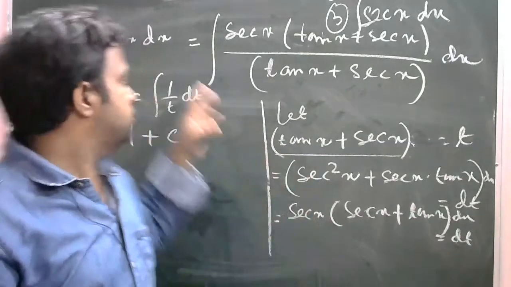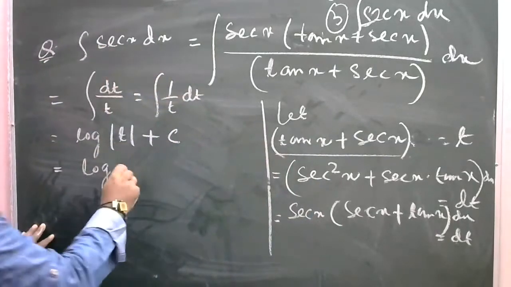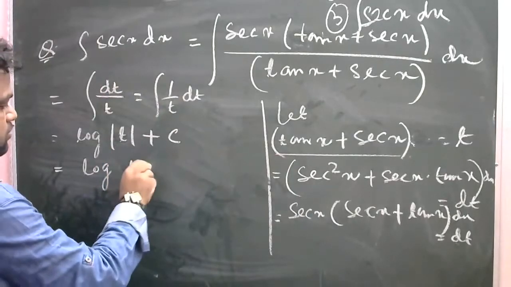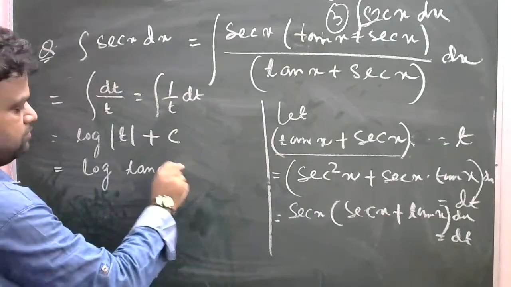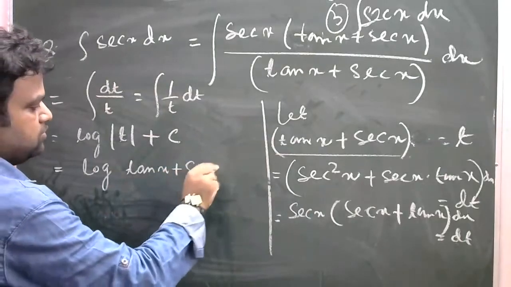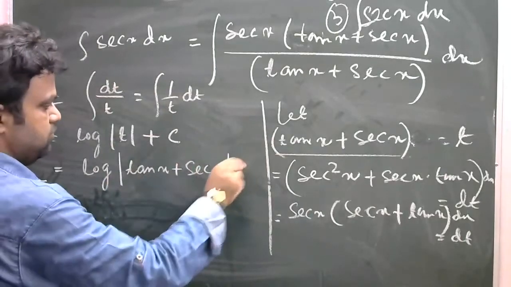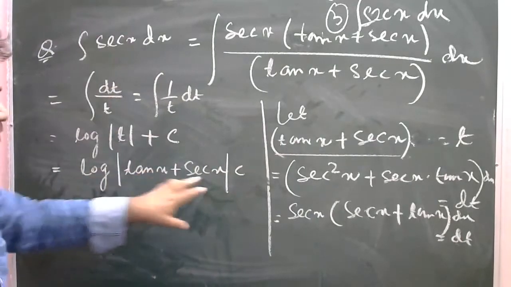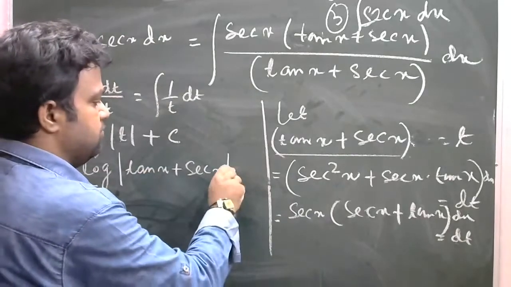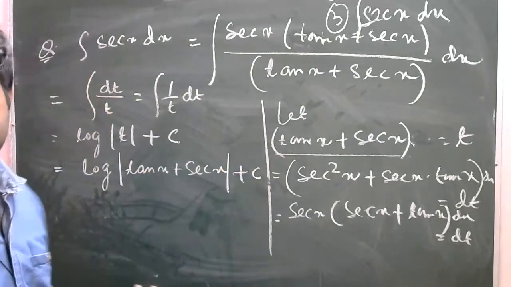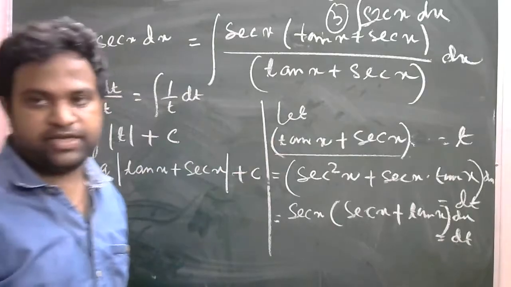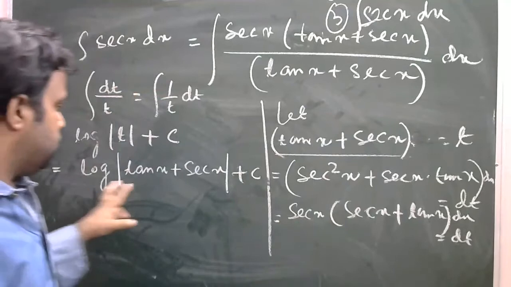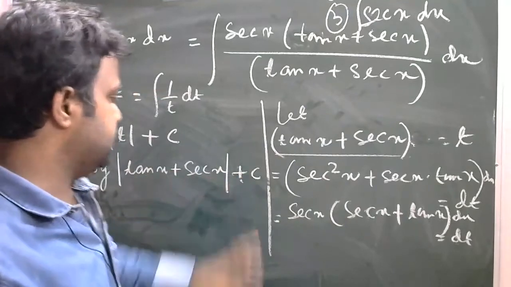So the t is your tan x plus sec x. So this is what the integration of sec x dx is: log mod tan x plus sec x plus c. What is the integration of sec x? Integration of sec x dx is log mod tan x plus sec x plus c.